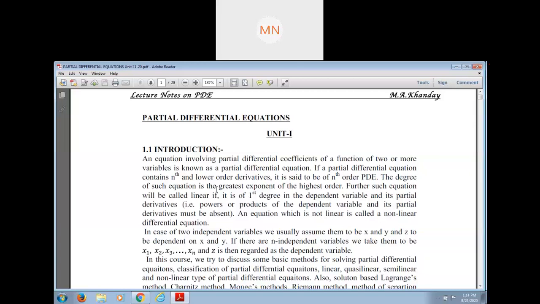The highest power of the highest derivative. Highest power of the highest derivative is called degree, and the highest order of the derivative is called order. Here also this is the same. The degree of the equation is the highest exponent of the highest order.